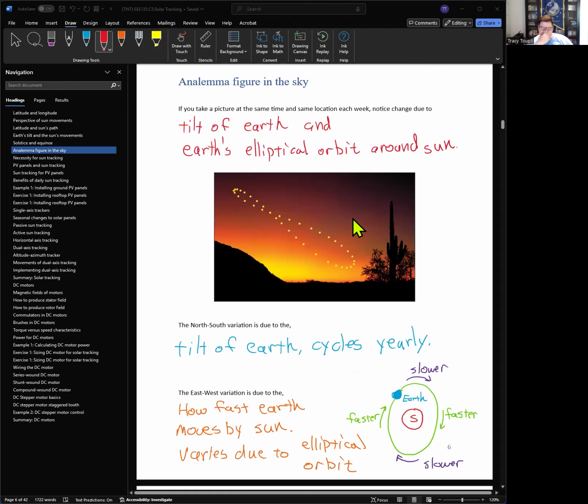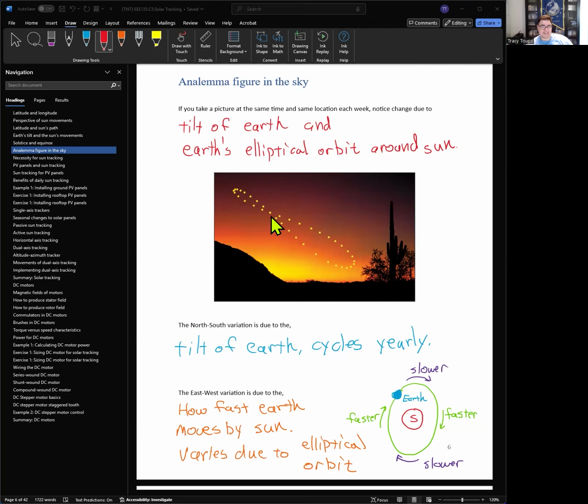This is a good image to show you how much the sun moves across the sky based on the year. So what somebody did is they literally waited till dusk, so like 6 p.m., and they took a picture every 2 weeks or every week for the entire year at the exact same time during that week.